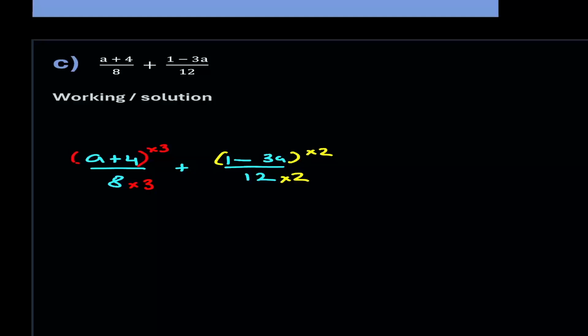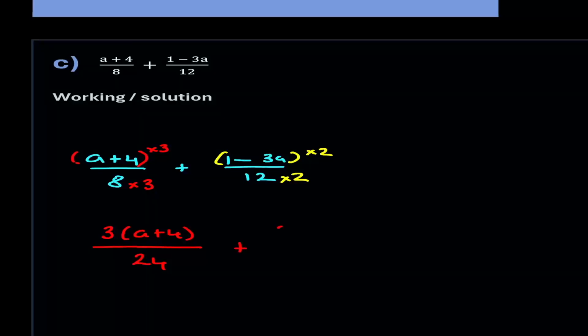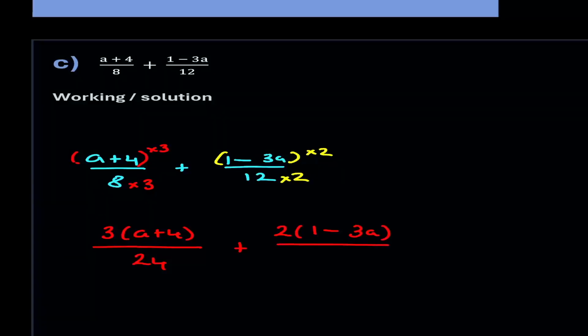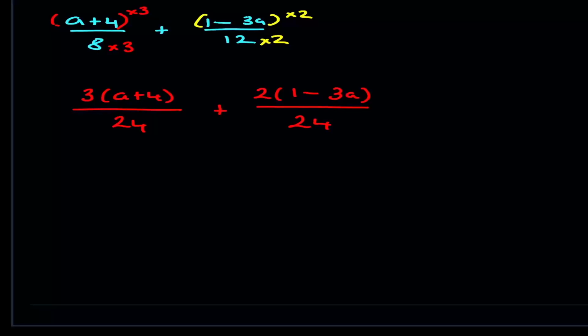Okay, so my first fraction becomes 3 multiplied by a plus 4, and we'll just write that out in brackets, over 8 times 3, which is 24, plus 2 multiplied by 1 take 3a, on 12 times 2, which is 24. Nice. Now we could just multiply those out.